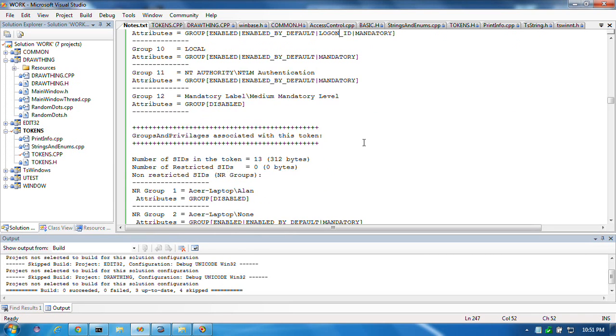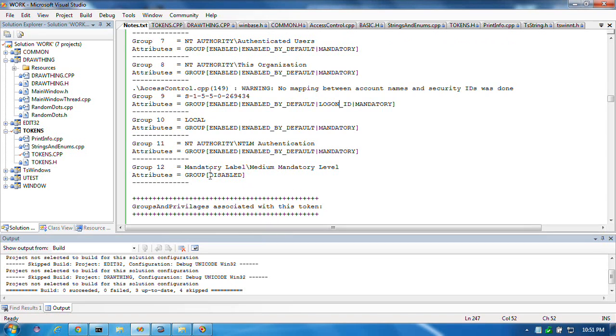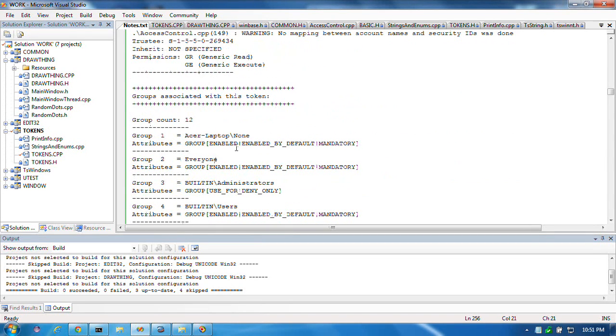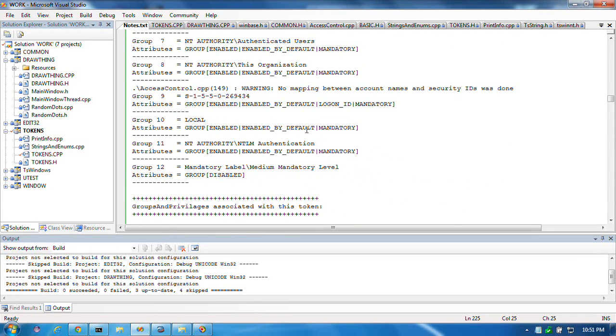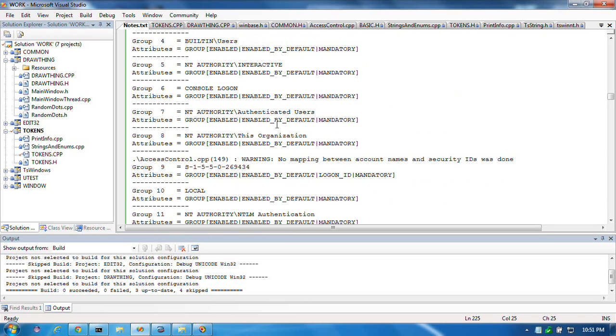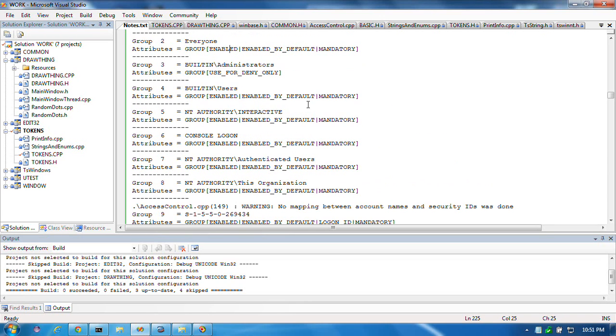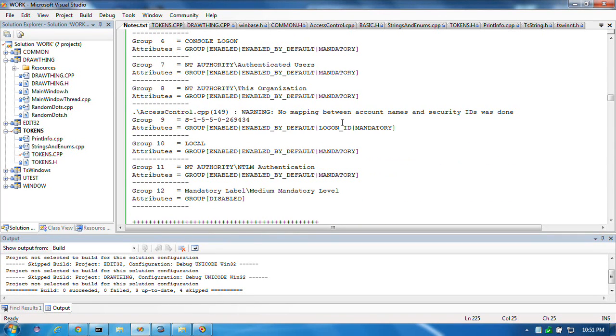Now, remember, all of these groups have their own security identifiers, okay? So here I got 12 extra groups, this is my personal access.